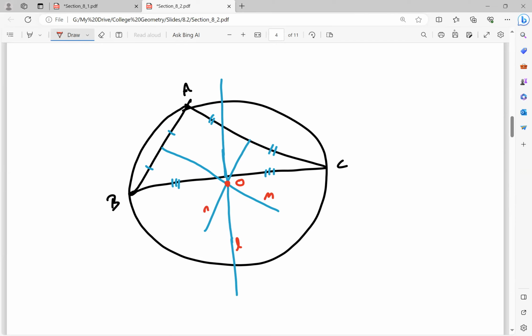Okay, so first, why do L and N intersect? Well, we can do that by contradiction. So assume L is parallel to, say, N. Well, if L is parallel to N, well, L happens to be perpendicular to BC.